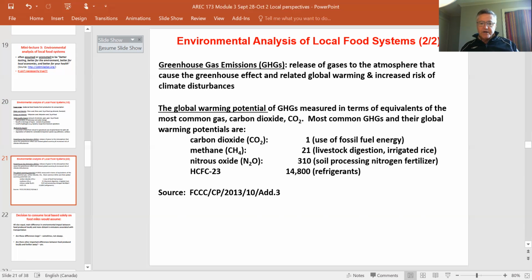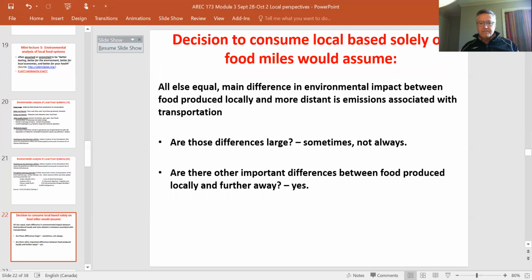But carbon dioxide, though it has a relatively low global warming potential, there's so much of it released that we have to pay most attention to it. So this is a quick review of some of the things to think about regarding the environmental impact of our food.